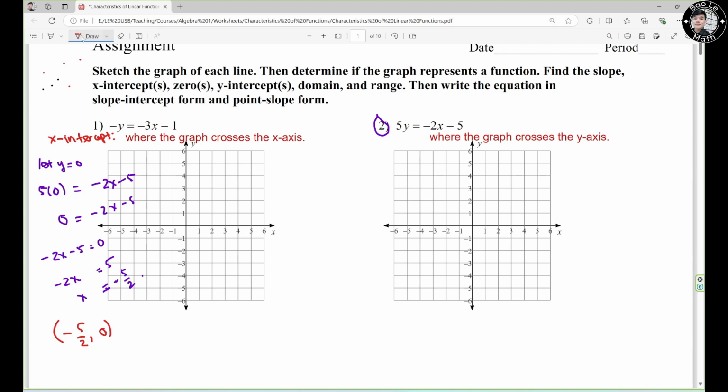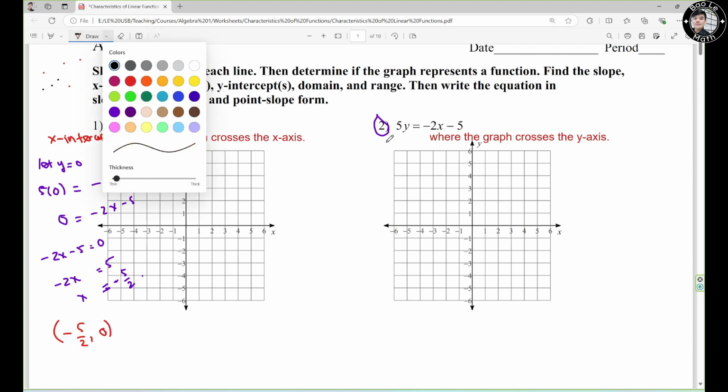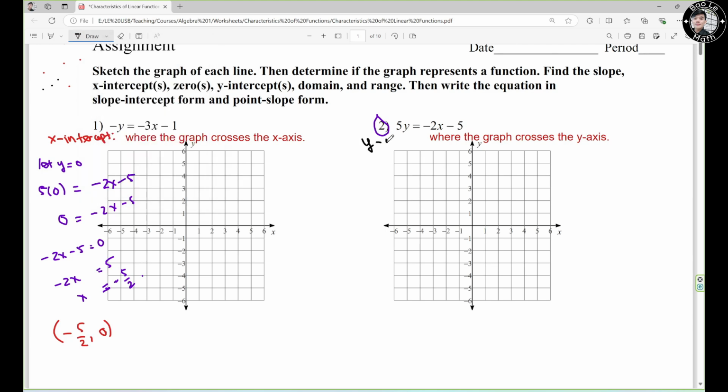In order to find the y-intercept, we're going to let x equal to 0. The y-intercept is where the graph crosses the y-axis. So we let x equal to 0 and substitute over here. So we have 5y equal to negative 2 times 0 minus 5, and I need to solve for y.